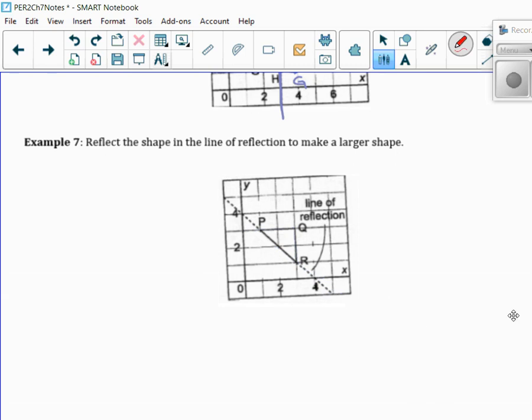I'll try that again. There we go. My smart board isn't lined up very good. So the P and the R are actually on the line of reflection, so they will not move. The Q is a diagonal away, so do you see this would be my Q prime? Then I connect, and I am done.